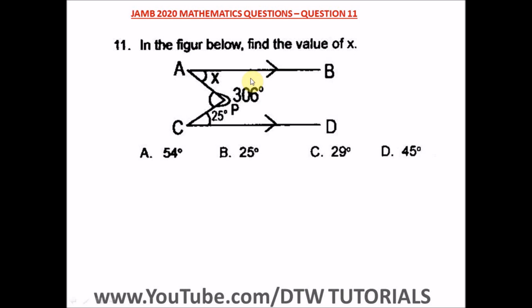Question number 11 of the JAMB 2021 or JAMB 2020 past question. So we are told to solve, in the figure below, find the value of x. So here we get creative.